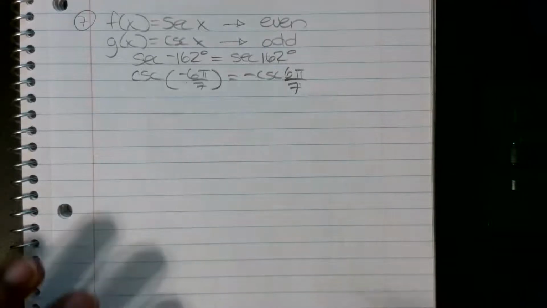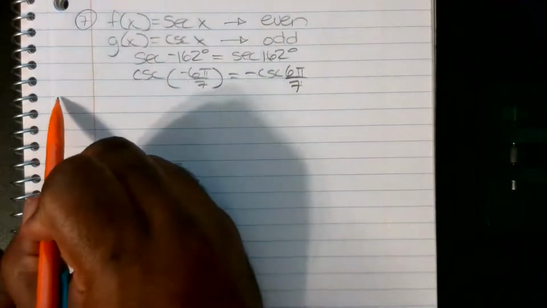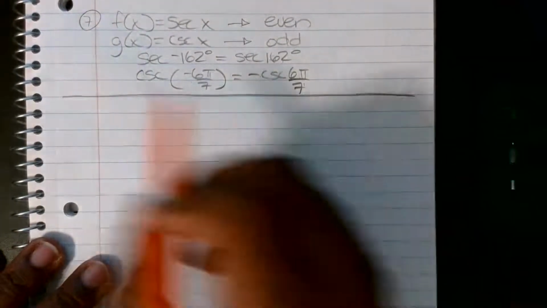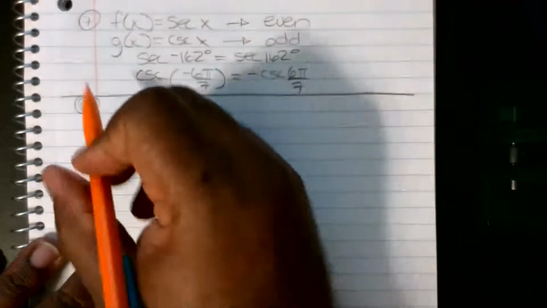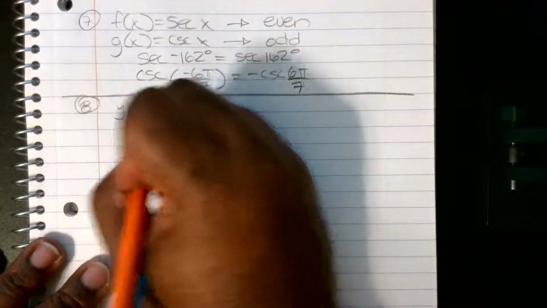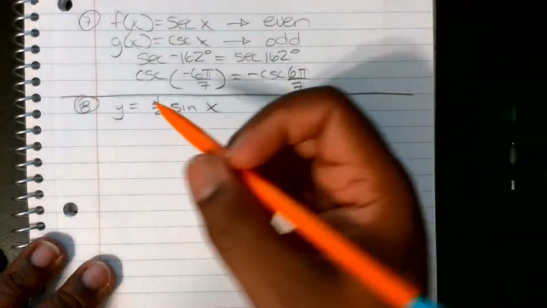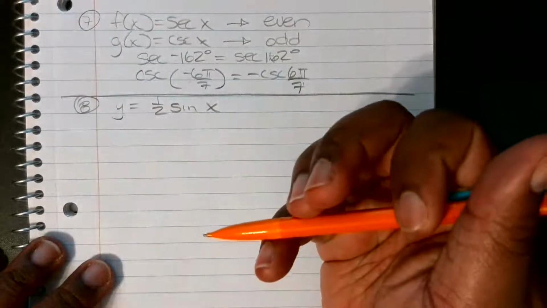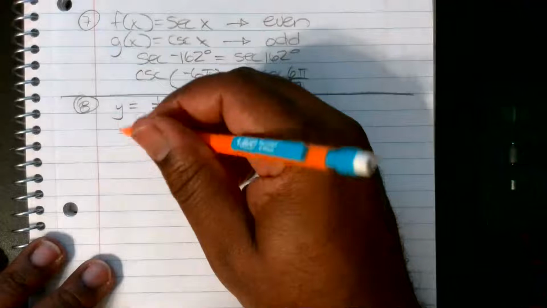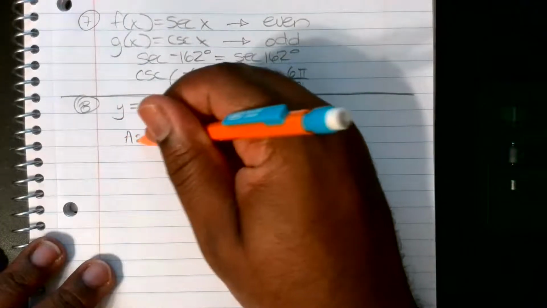All right, this is something I probably should mention to you. Number 8, I have y is equal to 1/2 sine of x. I'm not going to graph it here for you, but I'm going to show you some things about it. Your amplitude is 1/2.